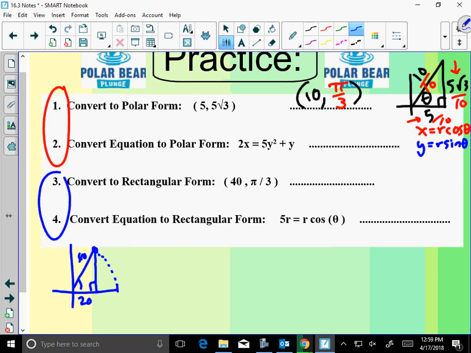So that would be 20 root 3 over 2, which I could simplify. Oh, whoops, hold on. Nope, my bad. That would just be that side times root 3. Awesome. So the rectangular coordinates for this, there you go.